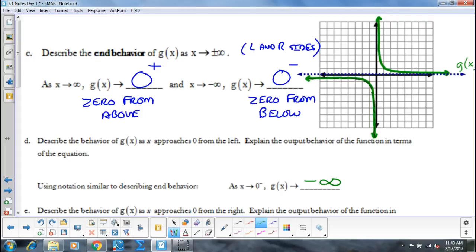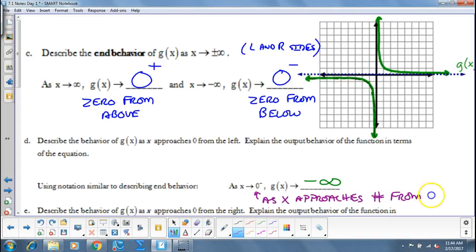Now, side note, this here means as x approaches whatever number it is from the left.